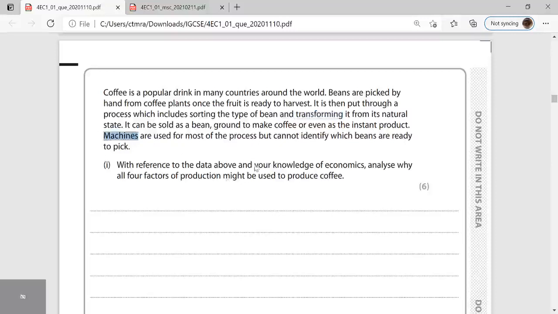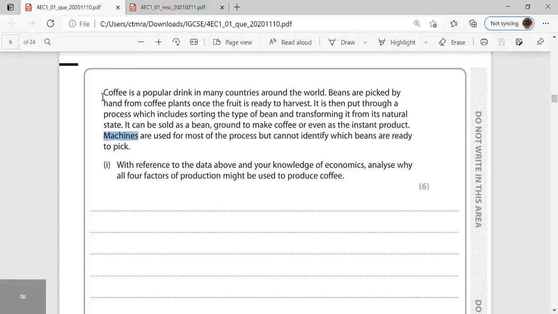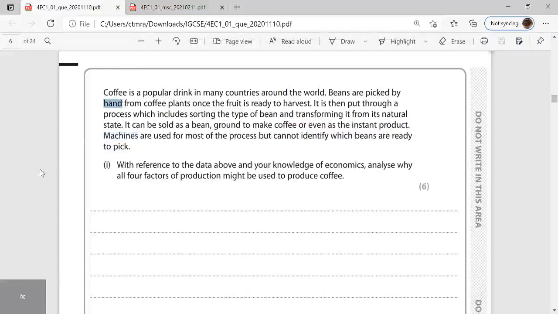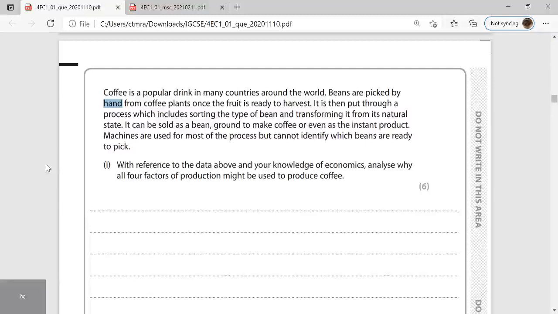Machines are used for most of the process, but cannot identify which beans are ready to pick. So machines can be used to do lots of things like processing, making grounds, packaging, but which beans are appropriate to pick? For that, you need labor. So all of them are important.